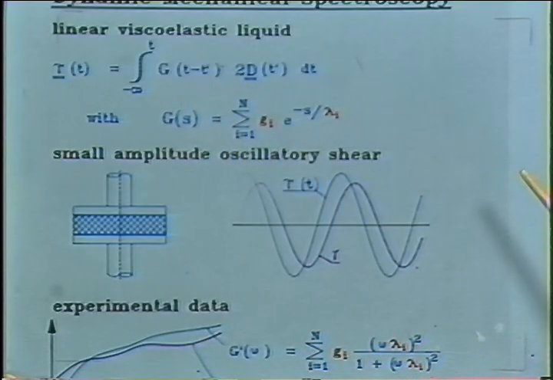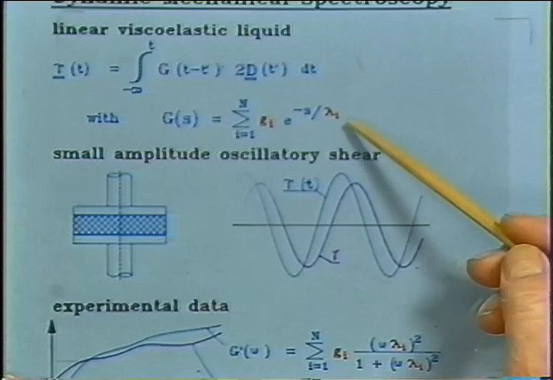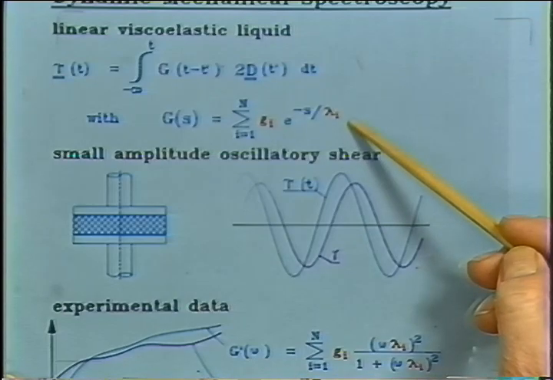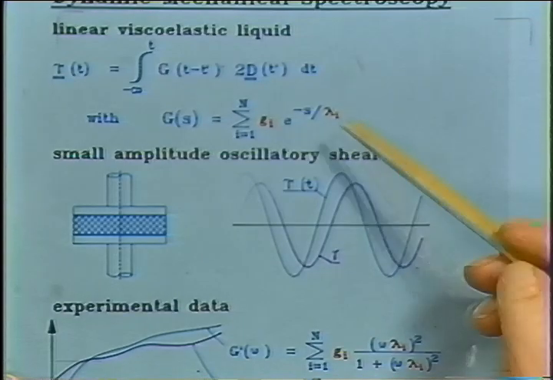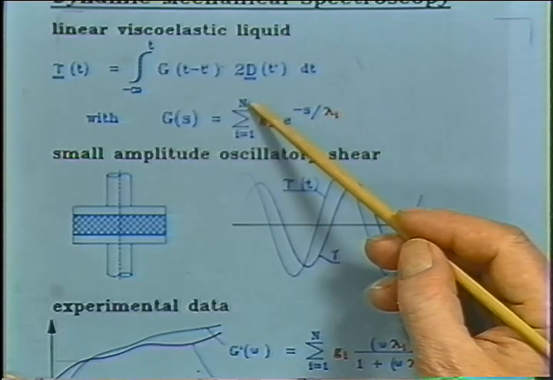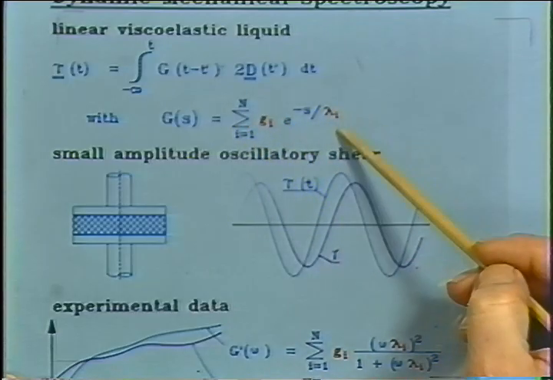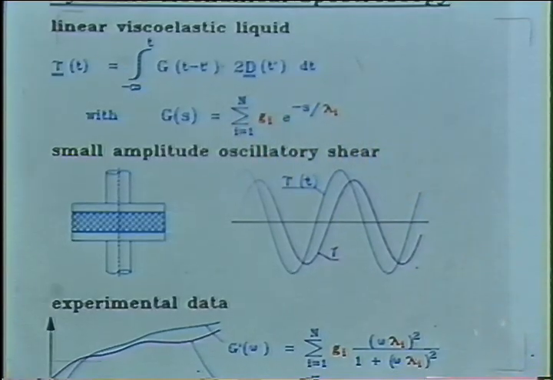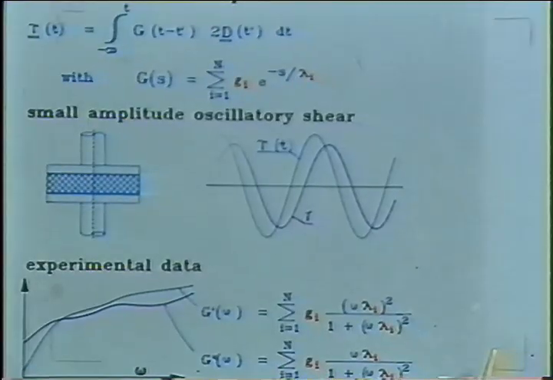That's not a restriction in the approach, as you will see later, because we will be able to convert this discrete relaxation modulus into a continuous modulus. You can see already that if you place the modes very close to each other, then there is a transition from the discrete spectrum to the continuous spectrum.